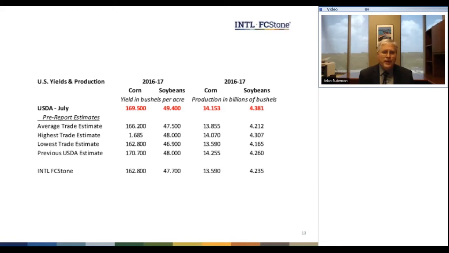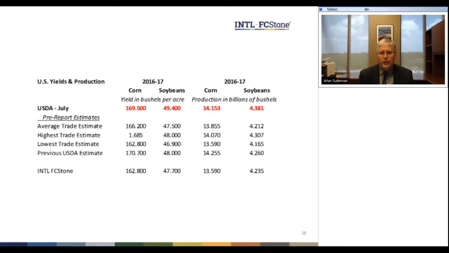But it is what it is, and it has to be traded and it has to be respected, because it is very possible that we could even repeat last year's yield, 52.1 bushels per acre. And what this number does is communicate to the trade that the possibility of a higher yield must be respected. But will we end up with a 49.4?